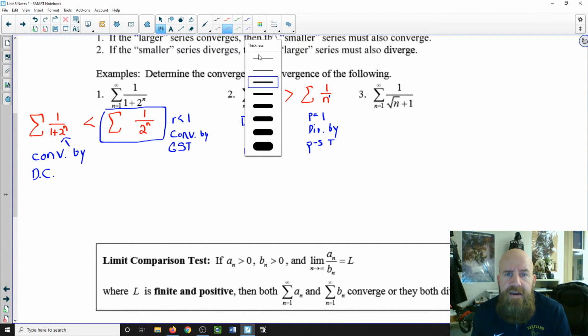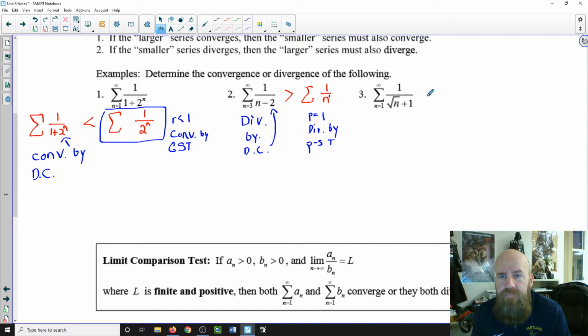All right, let's take a look at this last one. So 1 over the square root of n plus 1. This is going to be a little bit trickier, so let's think about it before we start writing things down. If we want to compare it to 1 over square root of n, because that's easy to find if it converges or diverges, because it would just be 1 over n to the 1/2 power, which is a p-series, and we could say that one would diverge because p is less than 1.